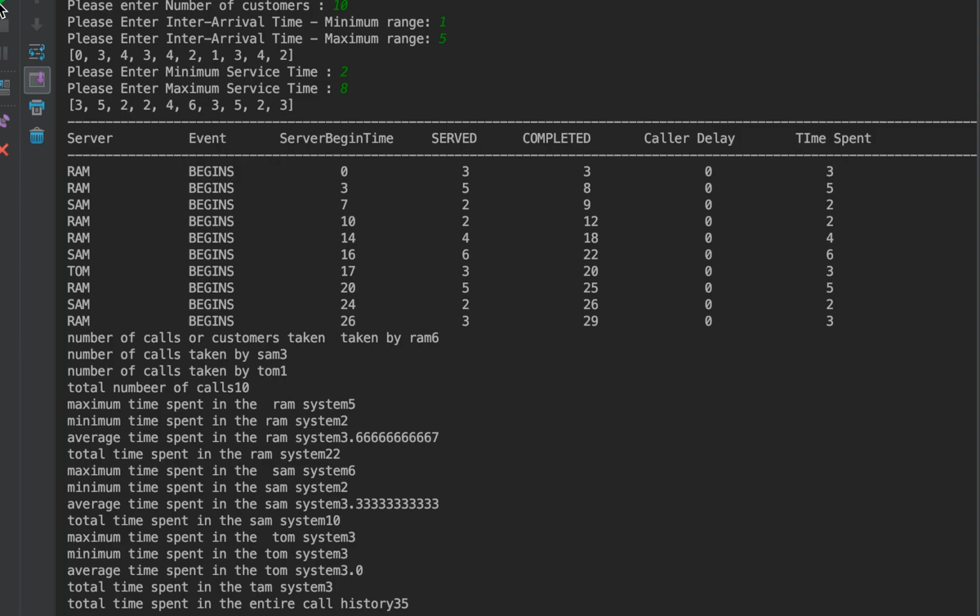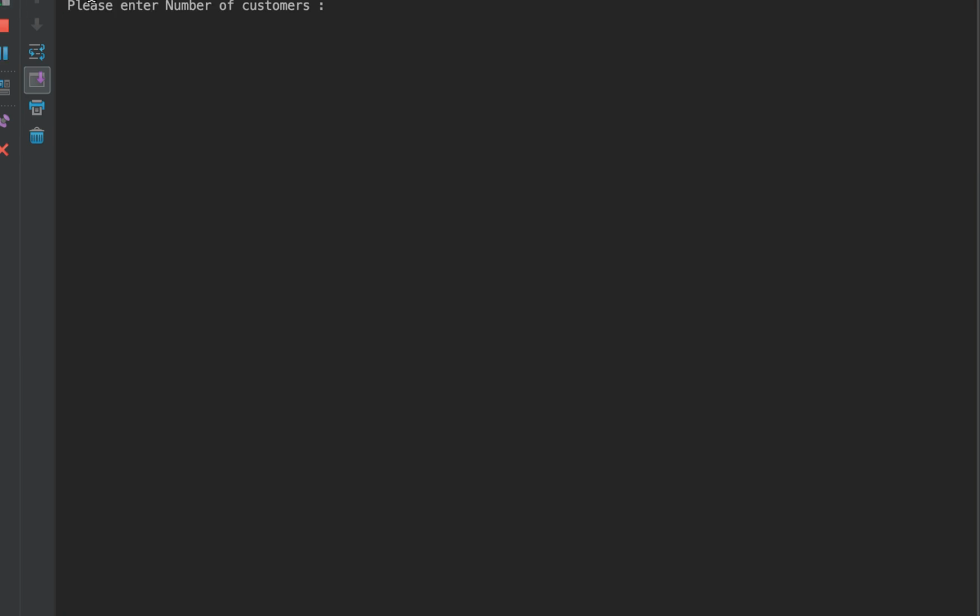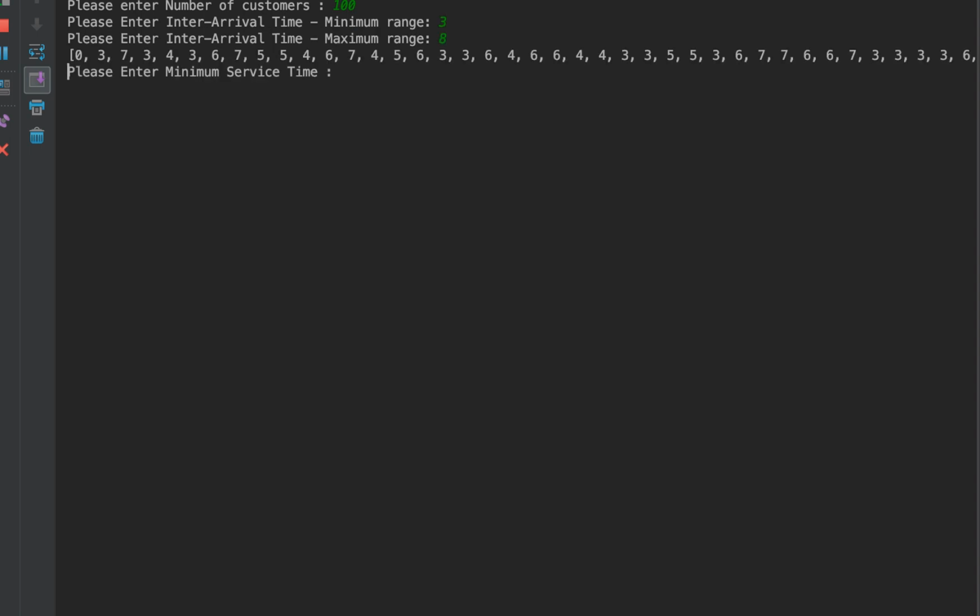Now let us check for more customers. Let's give around 100 customers. Let's change the interval of time. Let's say the minimum is 3 and the maximum is, let's say, around 8. Give some 9.